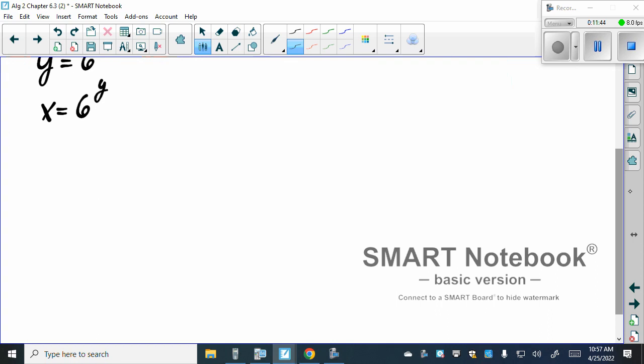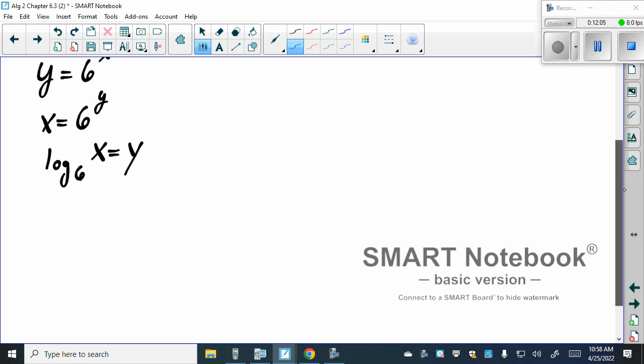Now if I rewrote this as a logarithmic, it's already in exponential form. I want to rewrite it as a logarithm. How would we rewrite it? We have log base 6 of x is equal to y.